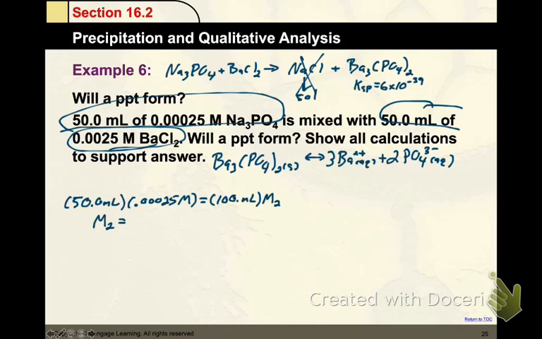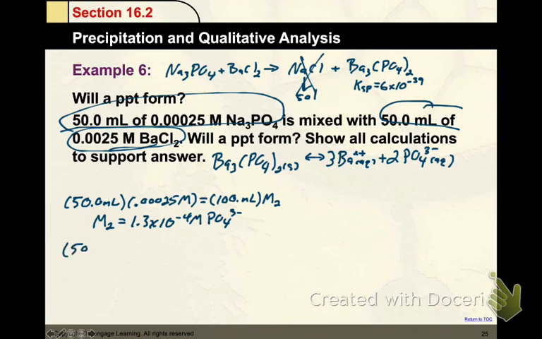So the M2 for the phosphate is going to be 1.3 times 10 to the minus 4th for the phosphate. And I'll do likewise for the barium in the BaCl2.